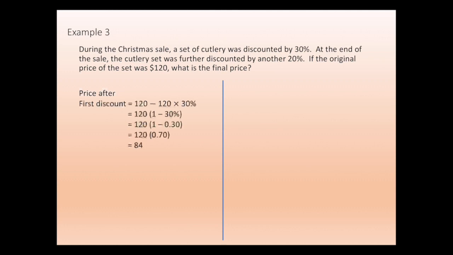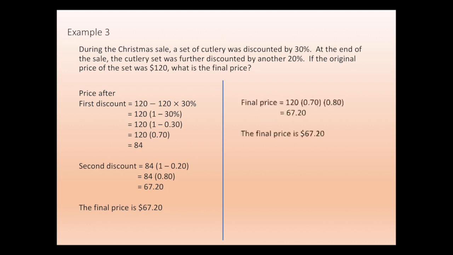If we do it step by step, the price after the first discount is 120 minus 120 times 30%, which is 120 times 0.7, and it's $84. And then the second discount is 80% of $84. Therefore, it's $67.20, and the final price of the cutlery set is $67.20.